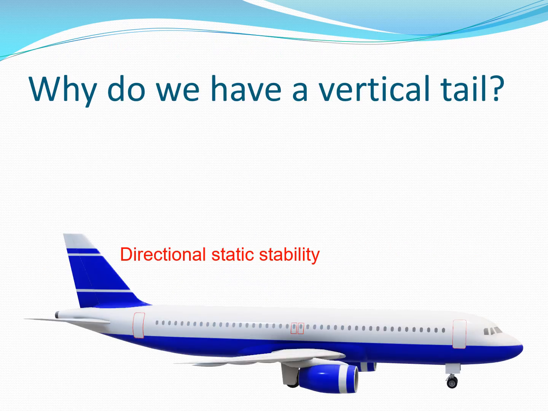We now know why the horizontal tail exists, but today we are going to look at why the vertical tail is there. I will give you a hint right now: the vertical tail is there for directional static stability, which is the stability in the yaw direction.